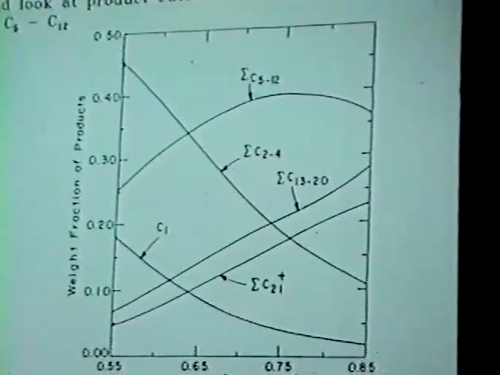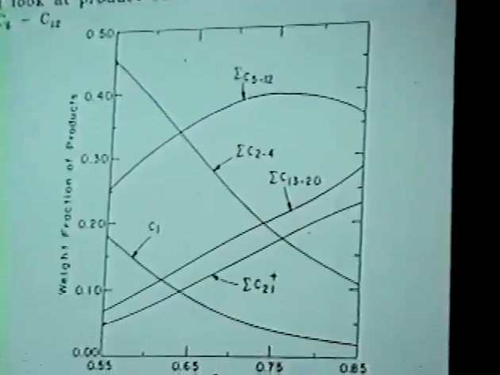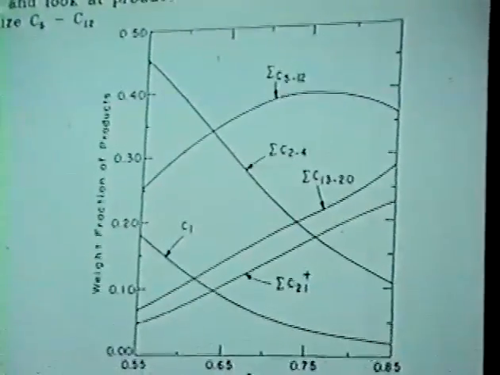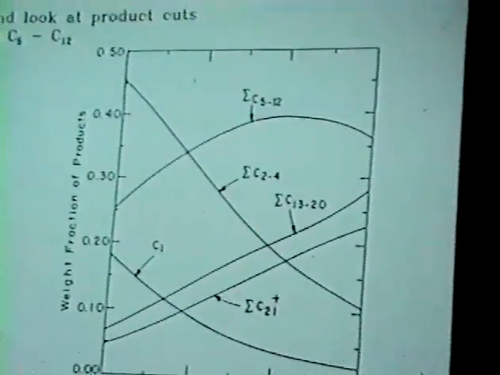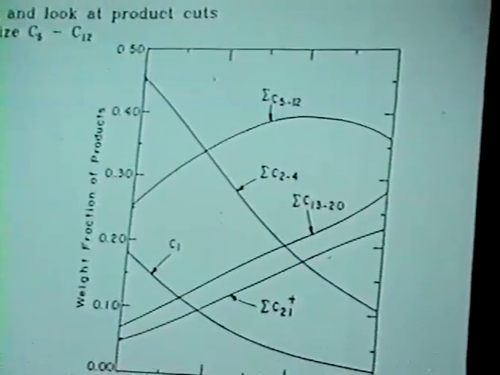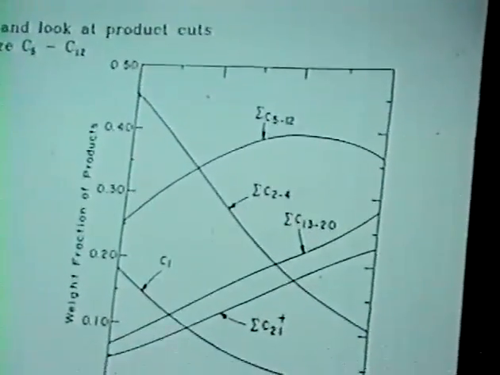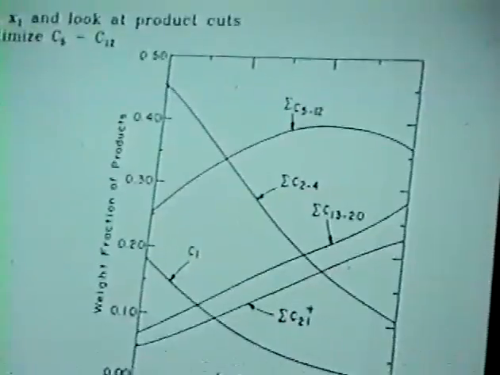In this plot, we've chosen a typical value of 0.9 for alpha 2, held that constant. We've taken a breakpoint C of 9, which is also fairly typical, and held that constant. And we've varied alpha 1 over a range that we might see experimentally, 0.55 to 0.85.